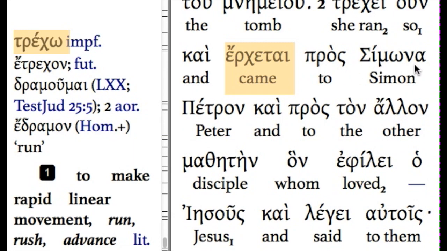Pros Simona Petron kai pros ton allon mathetan hon ephilei ho Iesous. So she comes to Simon Peter and the other disciple whom Jesus loved. Now this is an interesting one. What's going on with this?